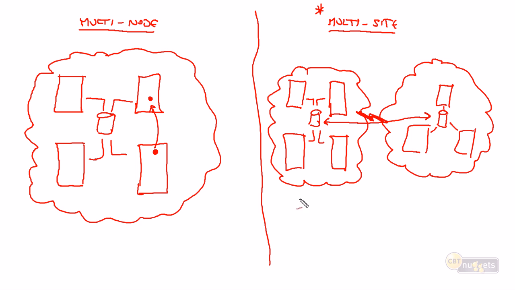Now, there are 2 options for that. There is synchronous and asynchronous. These synchronous or asynchronous replication technologies are there to support taking a piece of data and moving it over here, and a piece of data and moving it over here. So bidirectional, synchronous or asynchronous replication.